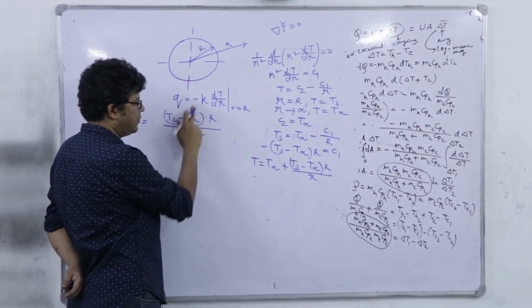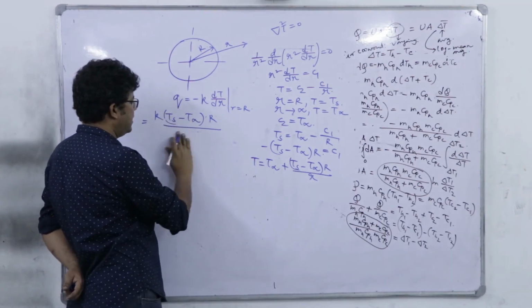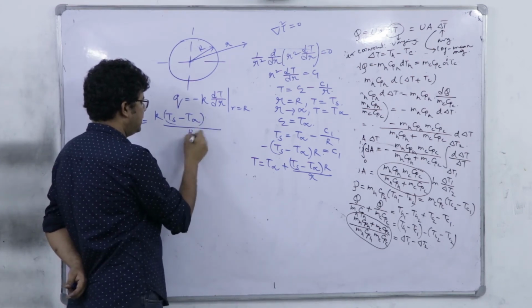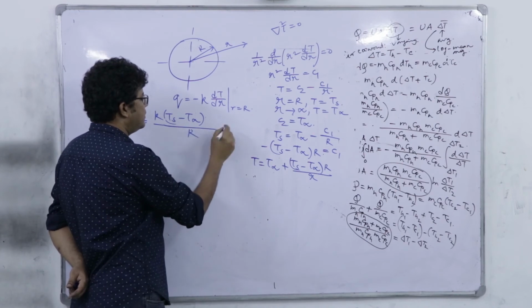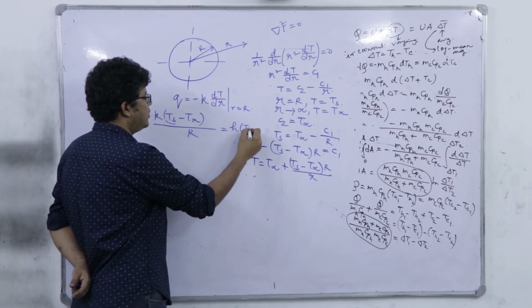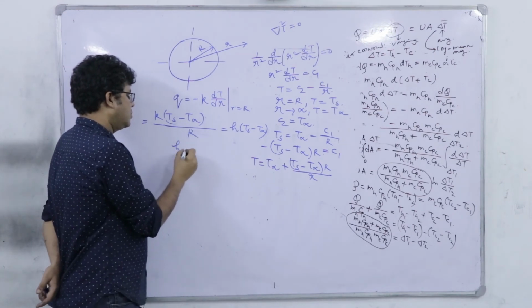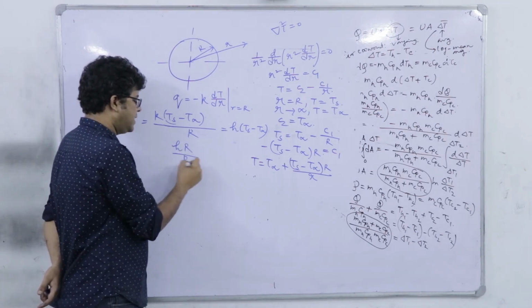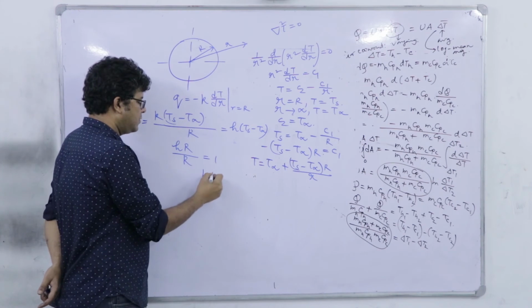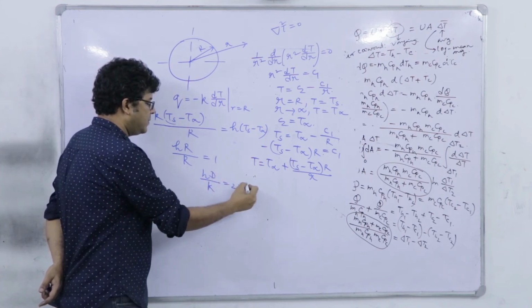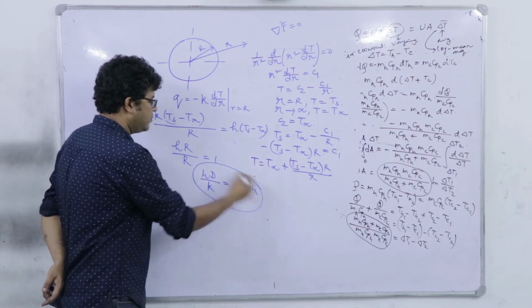That minus and this minus cancels out. Here it is K and here it is capital R square. So finally it is this, that's equal to H into Ts minus T infinity. So H into R divided by K equal to 1. So H into D divided by K equal to 2, which is basically the Nusselt number. So that is the proof.